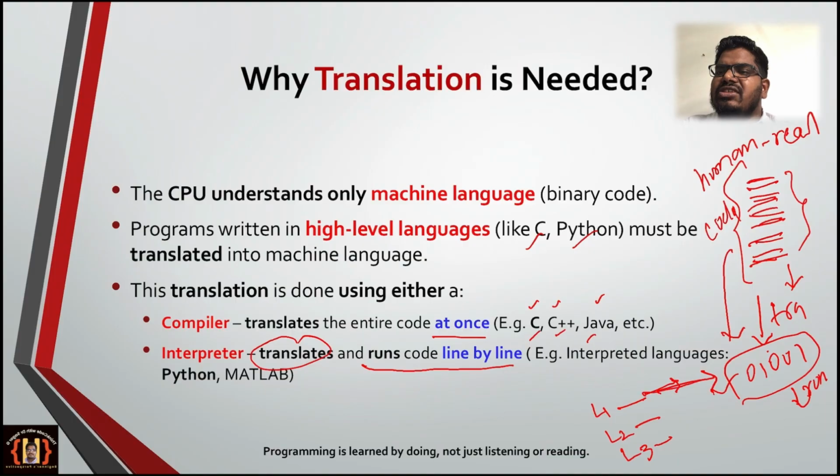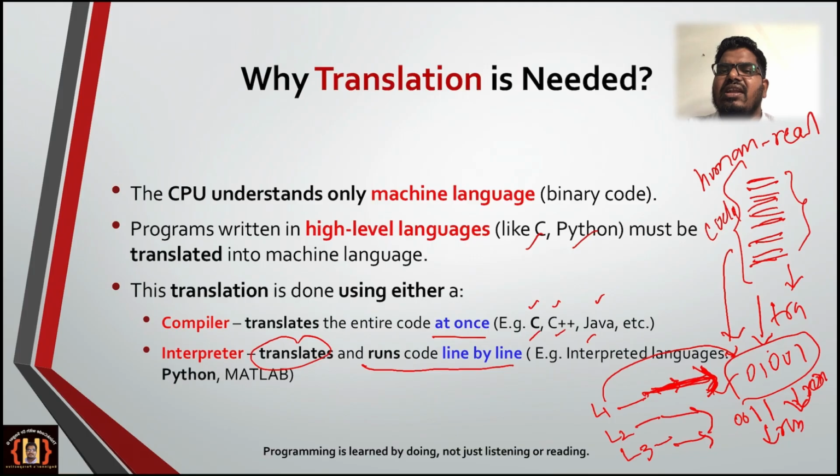The first line is translated, not compiled. When I say translated, the high level instruction is converted into zeros and ones. Then immediately we run that one instruction, and it goes to the next instruction. This is also translated into zeros and ones, and then we run this also. Then the process repeats.